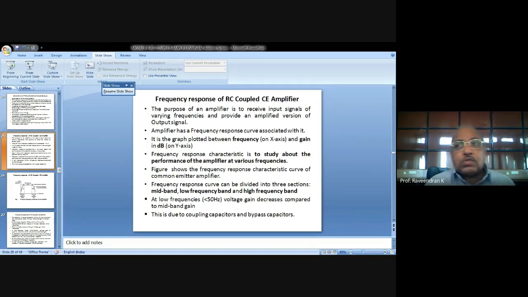The output transducer in a PA system is the loudspeaker. Why? Because the loudspeaker converts the electrical signal into a corresponding sound signal. So loudspeakers are also transducers which convert an electrical signal into sound signal. Right?